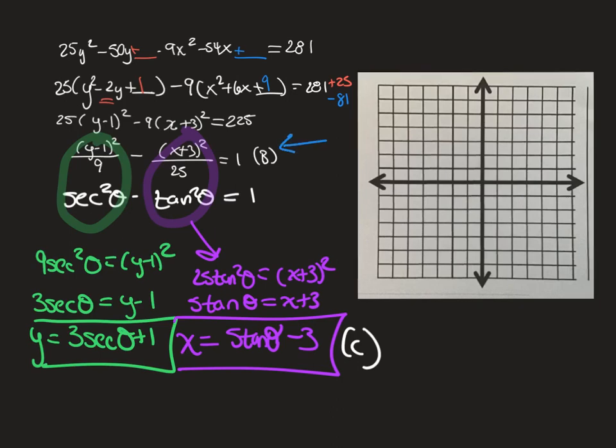So I'm going to use this version right here. And this time it's going to be up and down, and my center would have been 1, negative 3. I'm going to go up and down 3 for my two vertices, and sideways 5. Draw that dotted box.